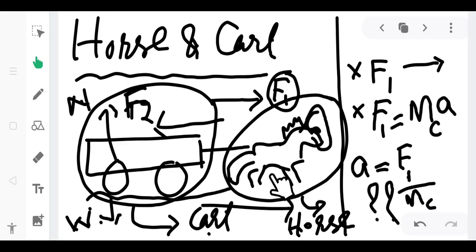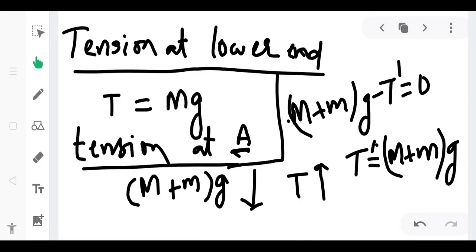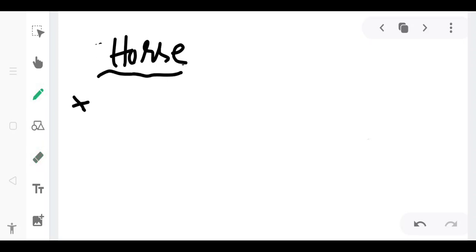Just before, we were told at the start that the cart is applying a force F2 backward. That is correct. So the first force acting on the horse is F2 by cart in the backward direction.